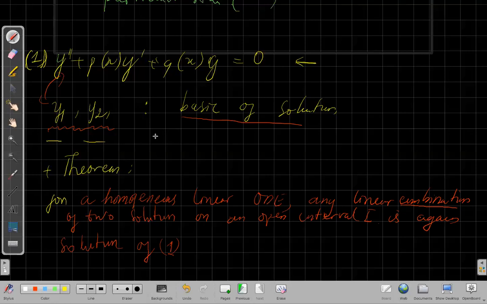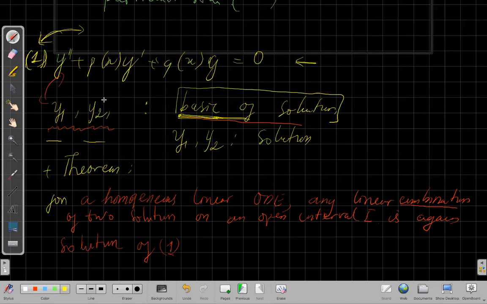Assume that we have the second order homogeneous linear ODE represented by the first equation. So y1 and y2 are solutions, and specifically this is the basic solution.